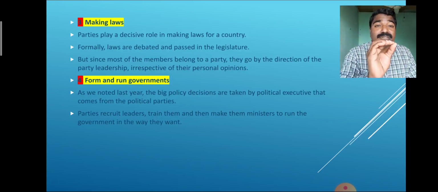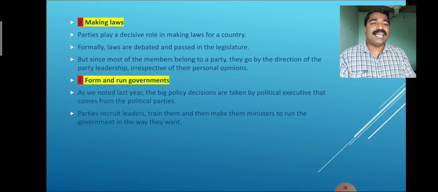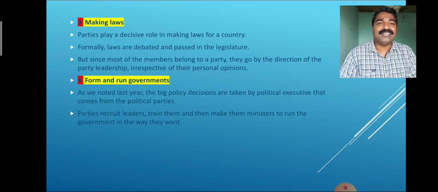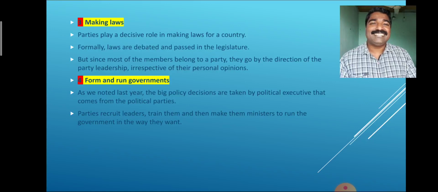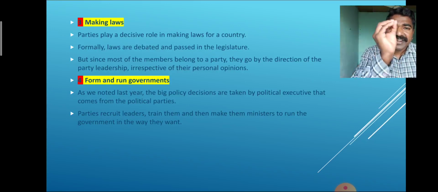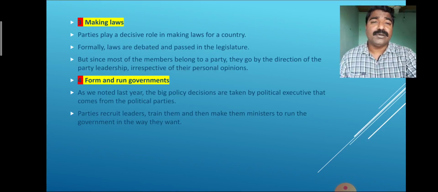Parties recruit leaders, train them, and then make them ministers to run the government in the way they want. So political parties form and run government. This is the fourth function of the political party.